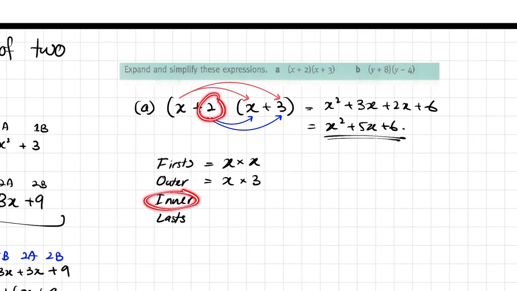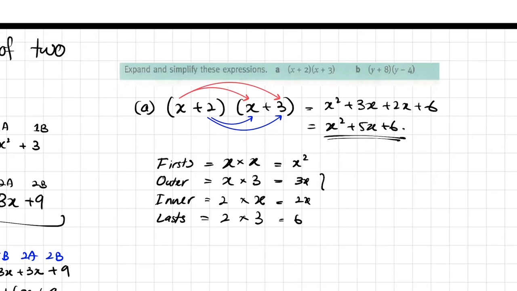Inner will be the inside, 2 times X. Last will be the last one and the last one, 2 times 3.